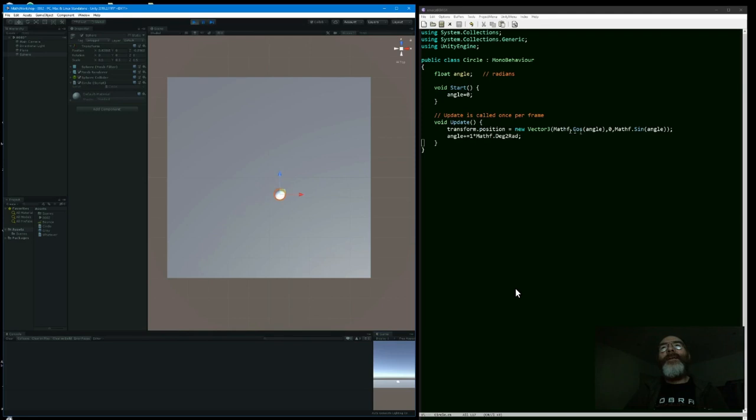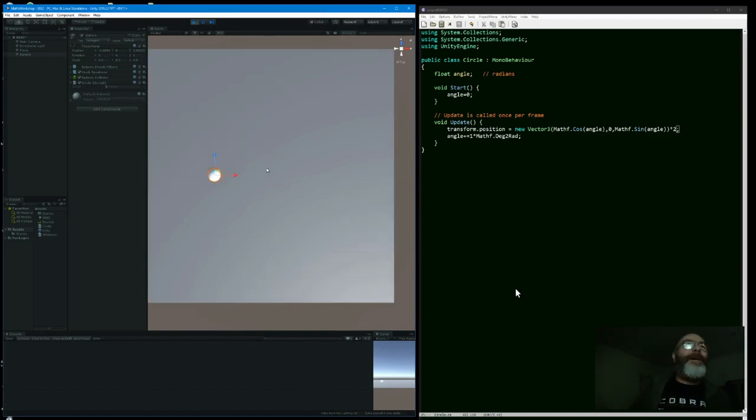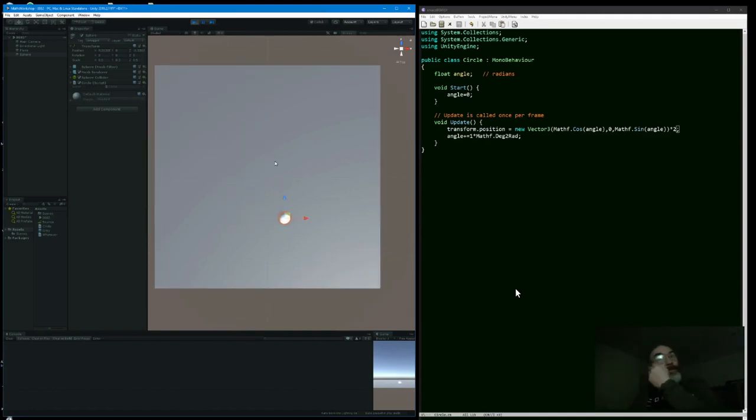And what I can do from here is multiply, say, this by 2, and then maybe we will get it moving a bit further out. Oh, I've multiplied one of the axes. I want to multiply the whole thing by 2. Let's do that. Multiply by 2. There we go. And there, it's moving in a circle. And there was much rejoicing, for it was moving in a circle.